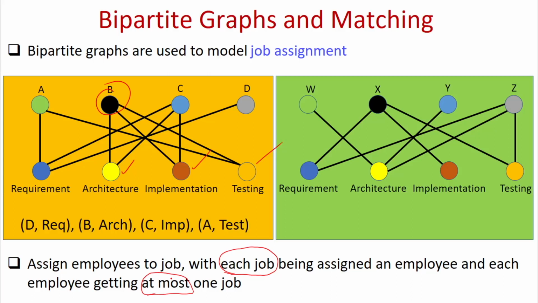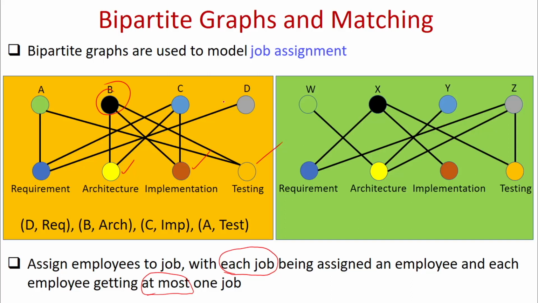It's easy to see that one of the possible job assignments in organization 1 is the following. I ask employee D to take care of the only job that it is capable of doing, namely requirement.